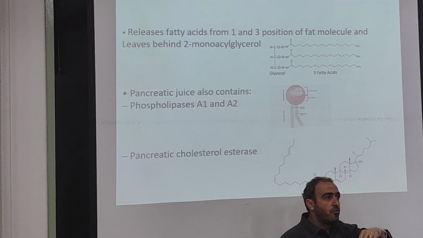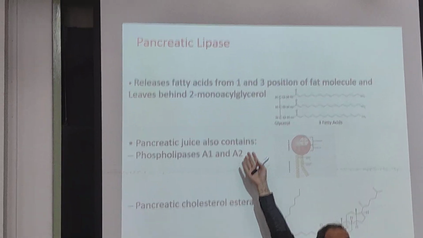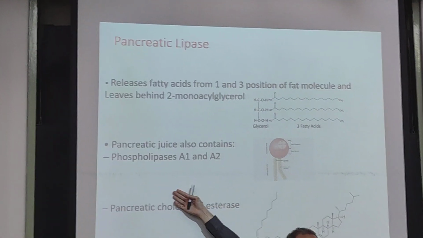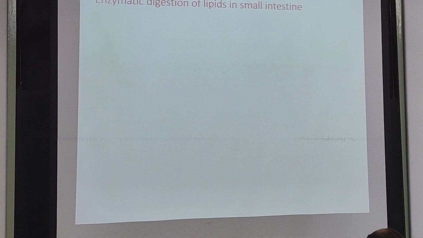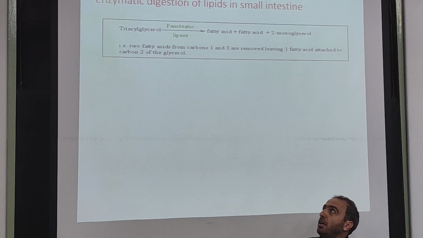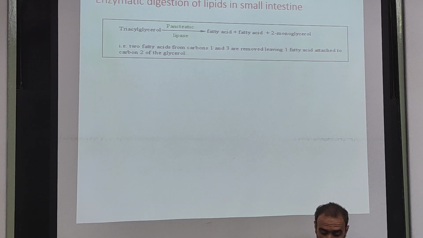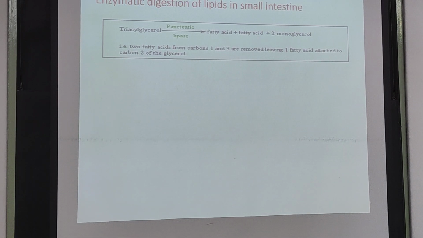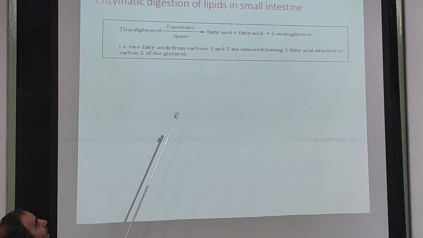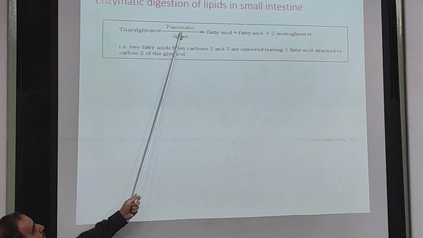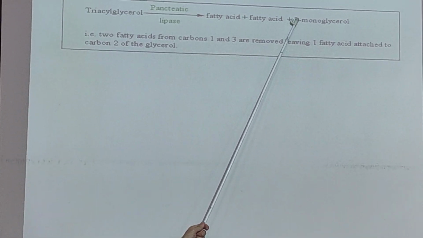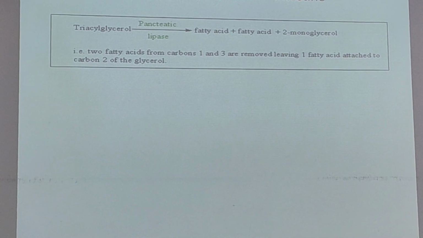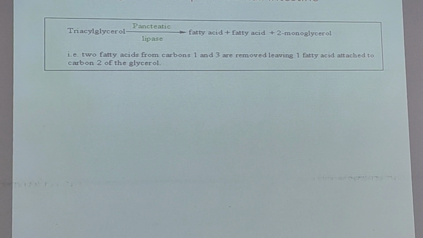So the result of the function of pancreatic lipase, phospholipase A1 and A2, and cholesterol esterase is in this slide. Triglyceride, by pancreatic lipase, produces fatty acids and 2-monoacyl glycerol or 2-MAG.